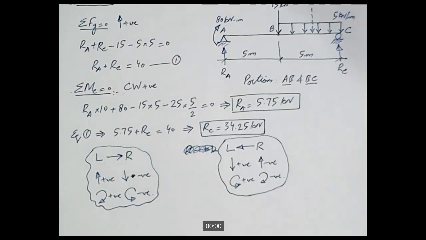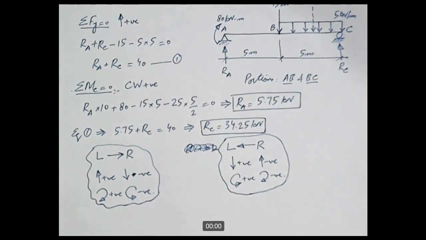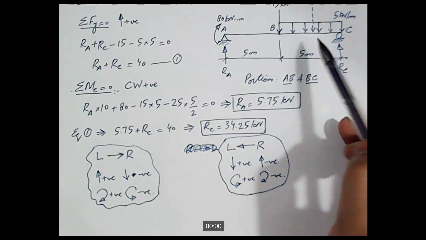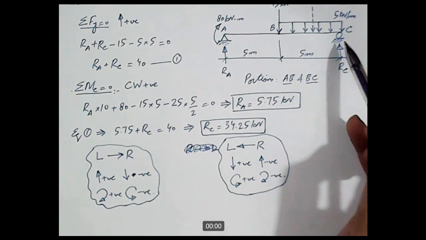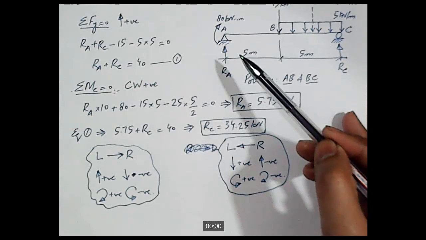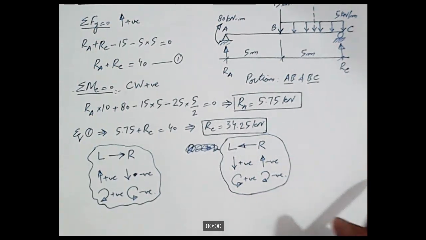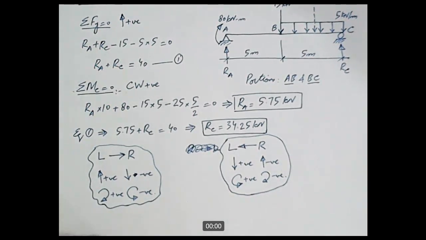drew previously. So as I said, we will be moving in the right to left direction. So in this case our first portion will be portion BC, because we are moving in the leftward direction now. So let's see how to do that.